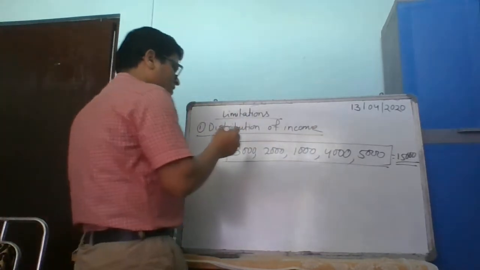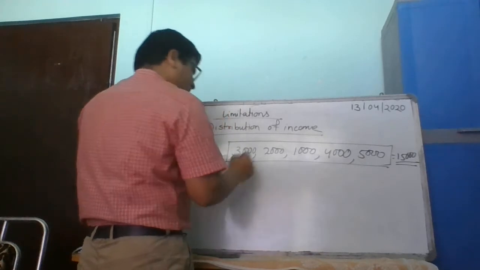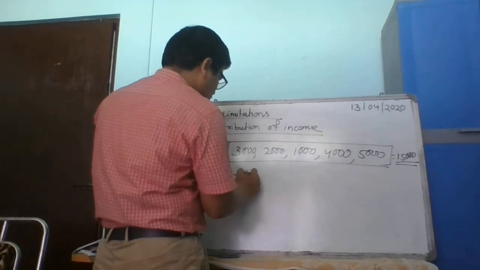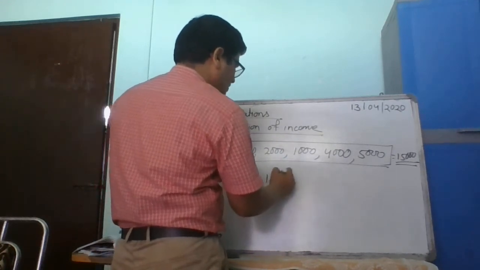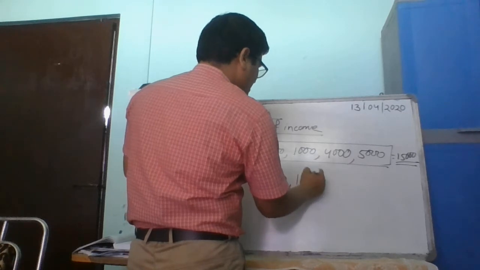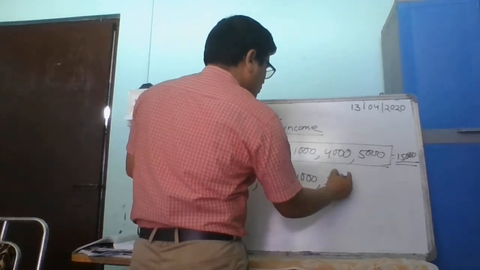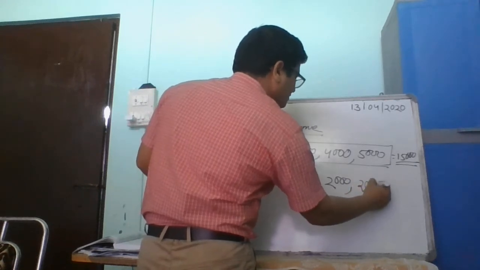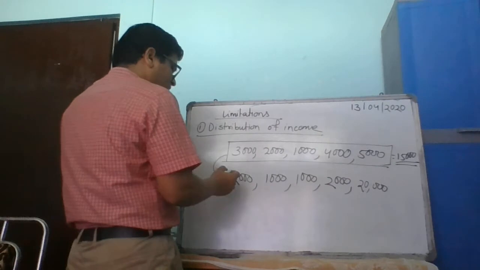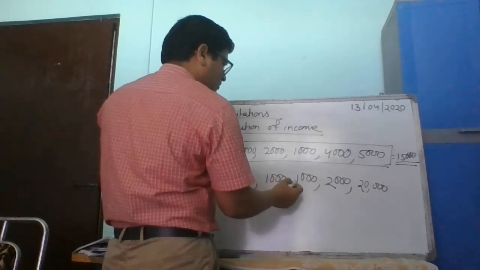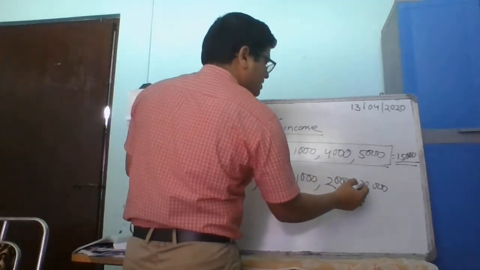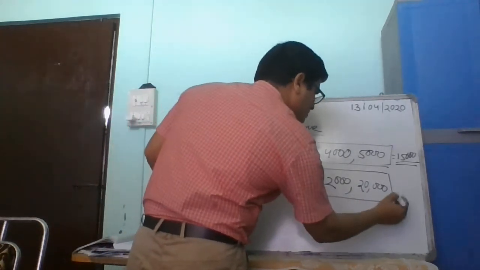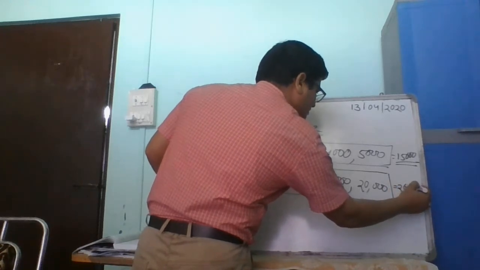Suppose GDP increases, so that 3,000 goes to 2,000, 2,000 goes to 1,000, 1,000 remains as is, that is 1,000, that is 2,000, and that is 20,000. That is 2 plus 1, 3, plus 1, 4, plus 2, 6, plus 20, that means 26,000.